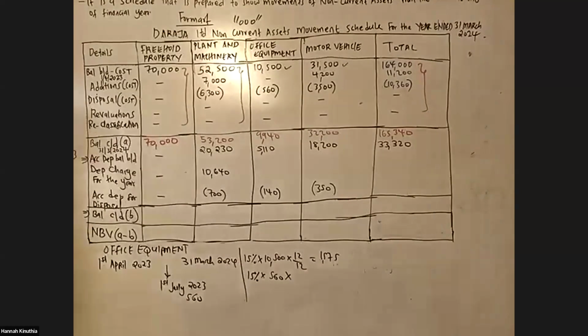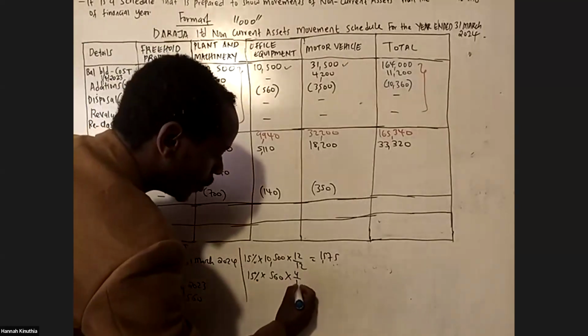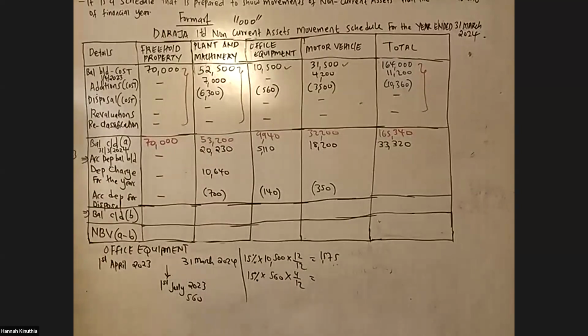How many months are there? 4 months. So it was only used for 4 months. So we only account for 4/12 that was used. Is that all correct? 3 months.